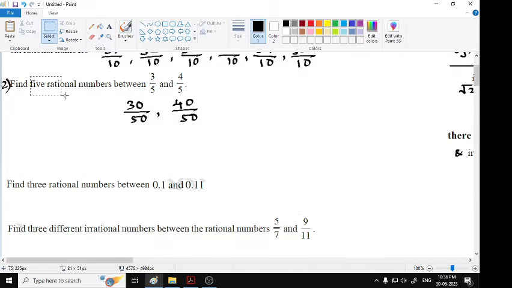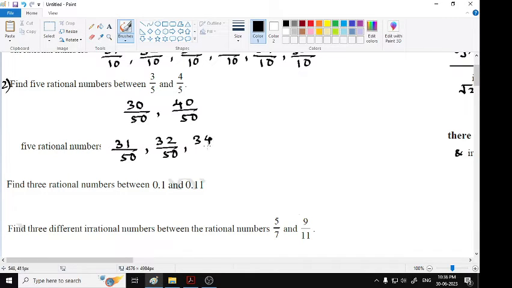So the required 5 rational numbers are 31 divided by 50, 32 divided by 50, 34 divided by 50, 36 divided by 50, 39 divided by 50.